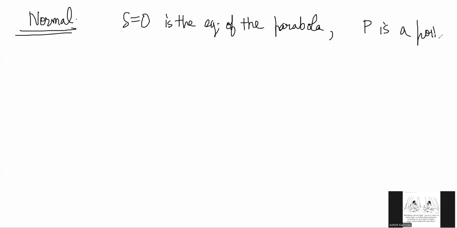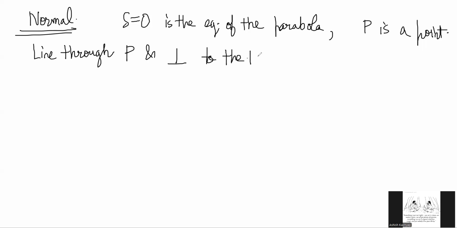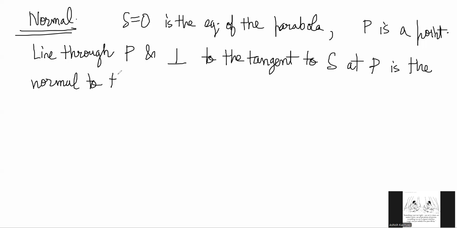So if S is equal to 0 is the equation of the parabola, and P is a point on the parabola, then the line through P and perpendicular to the tangent to S at P is the normal to the parabola at P. So that is the basic meaning of a normal.